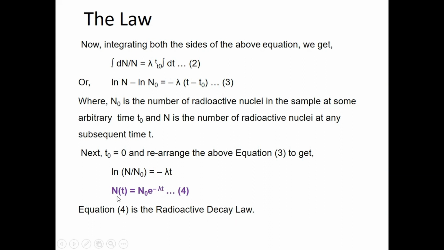It states that the number of atoms or nuclei at any time t for radioactive decay obeys N naught times e to the power minus lambda t, where N naught is the initial number, lambda is the decay constant and t is the time.